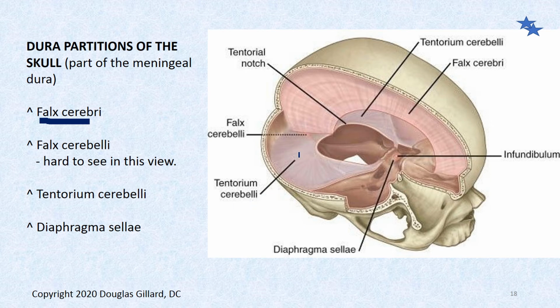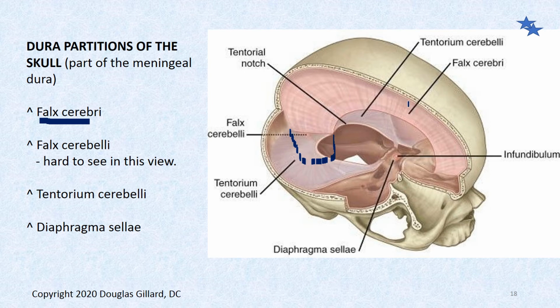Okay, so that one's more in a transverse plane. There's one that you can't see, kind of a continuation of this shark fin that goes down like this. It's still in the sagittal plane, but it separates the right and left hemispheres of the cerebellum. So that is called the falx cerebelli.